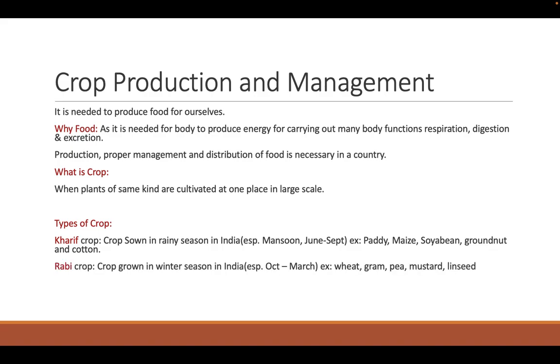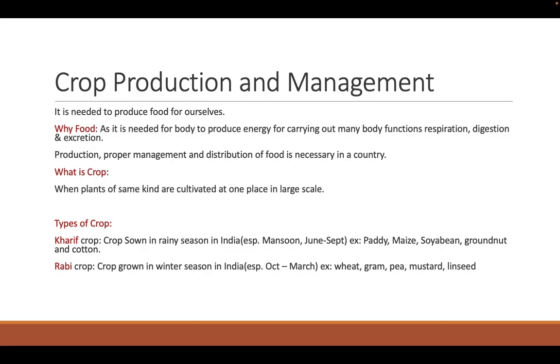Next category is rabi crop. Now, what is rabi? Rabi crop is categorized mostly in the season of winter, which is October to March time frame in India. Not all regions have such a long winter, but if you consider throughout India, this is the time window within which the winter season appears.